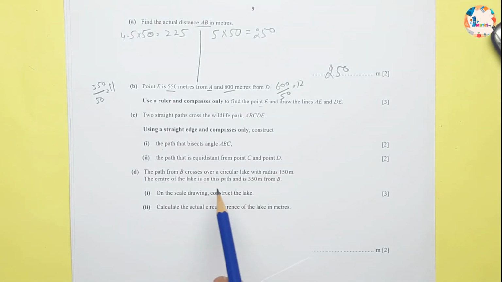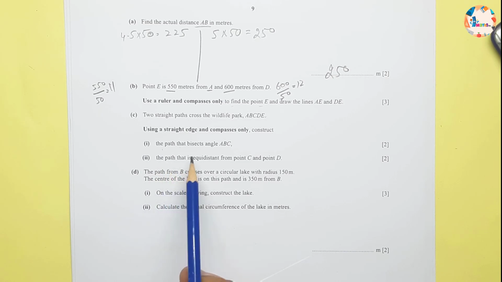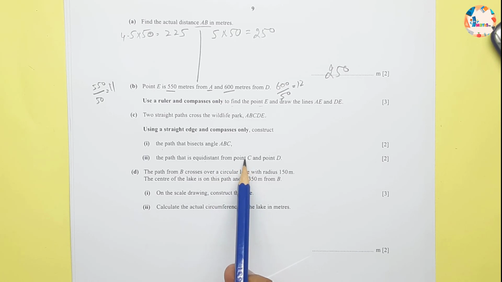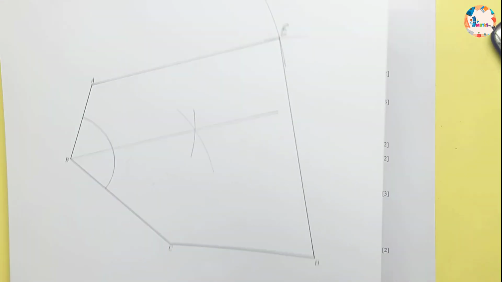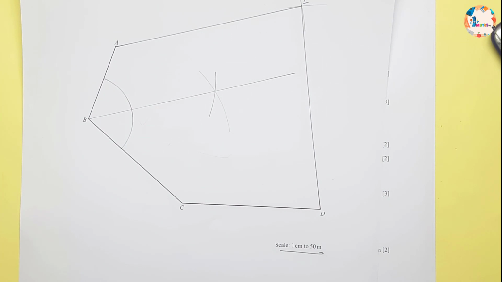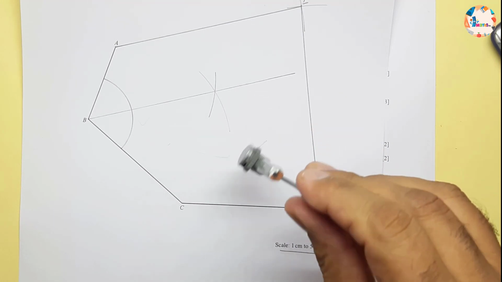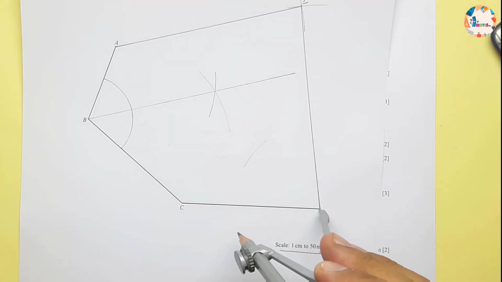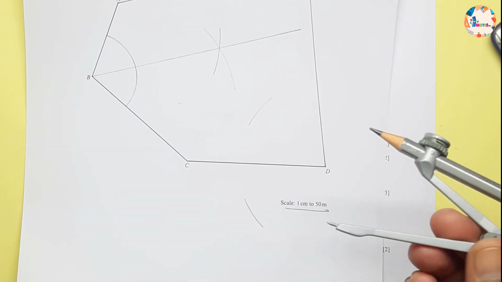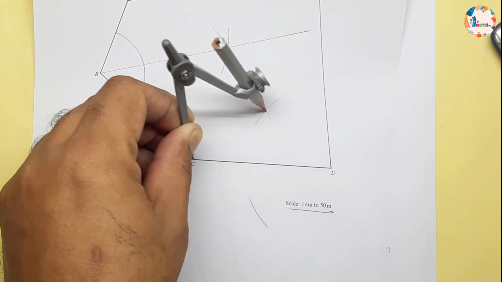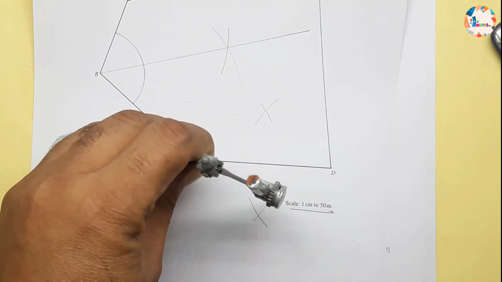And the path that is equidistant from point C and D. So this will be the perpendicular bisector of C and D. We'll be opening a little more than half and making arcs above and below, then putting the compass over C and making arcs over here and below as well.